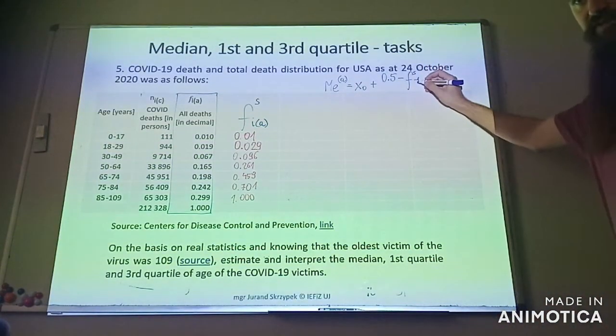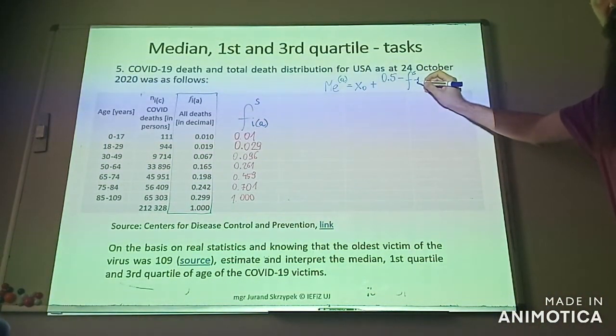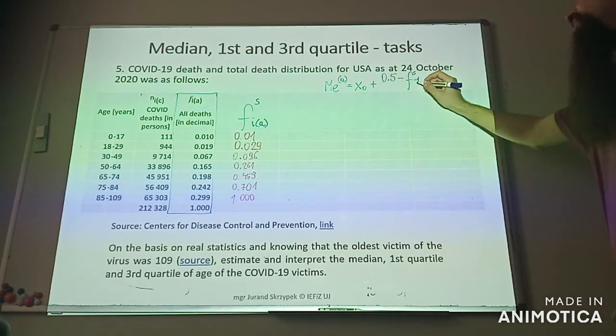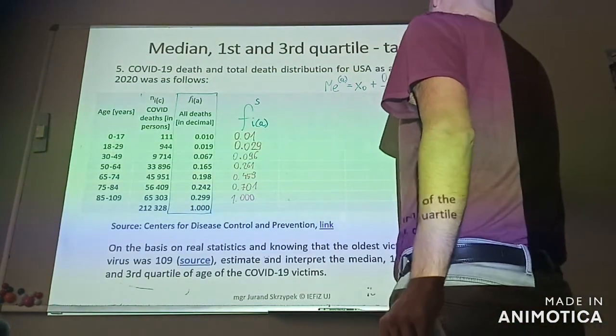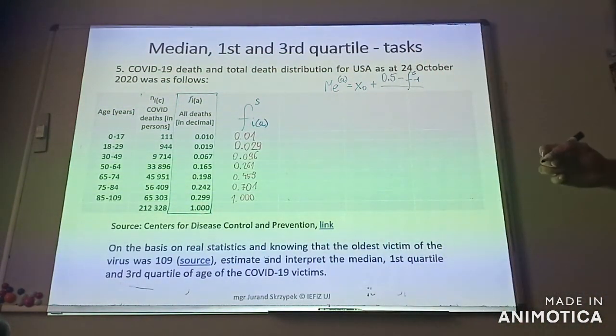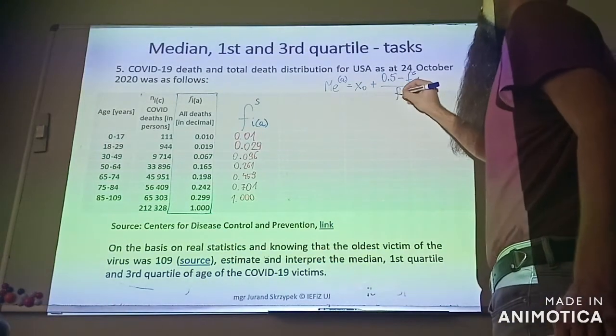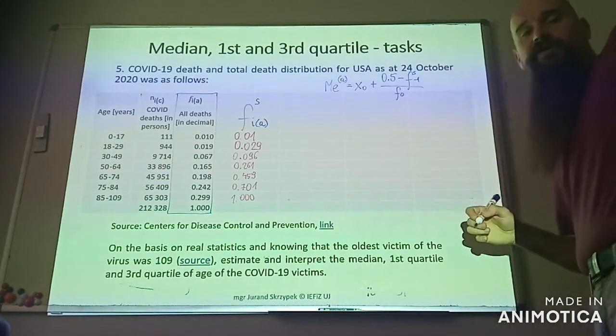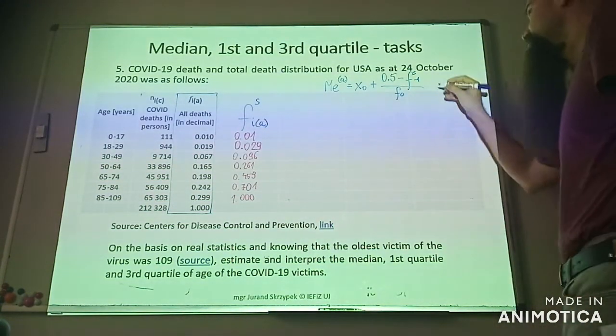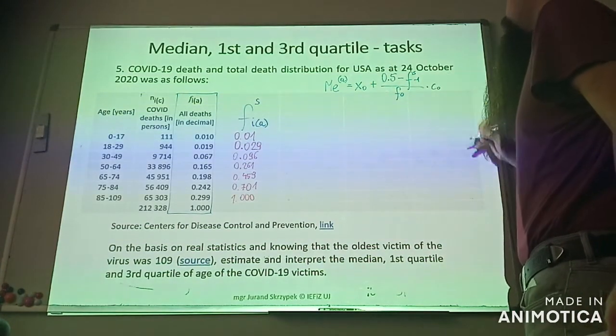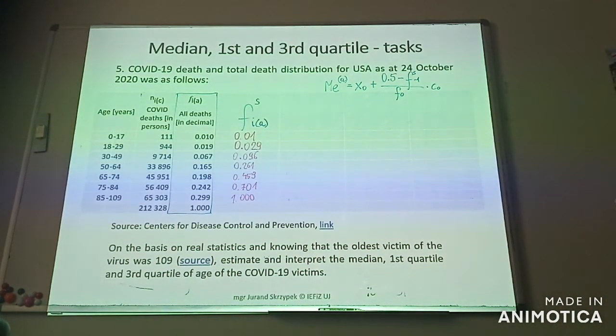The cumulative relative frequency from the previous class that precedes the class of the median, f0, relative frequency from the median class, multiplied by c0, the range of the class of the median.